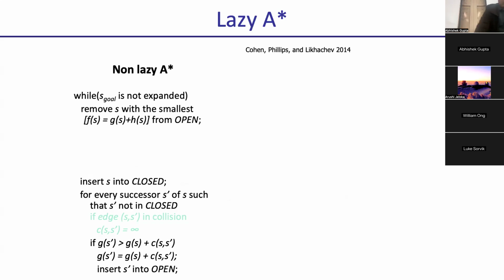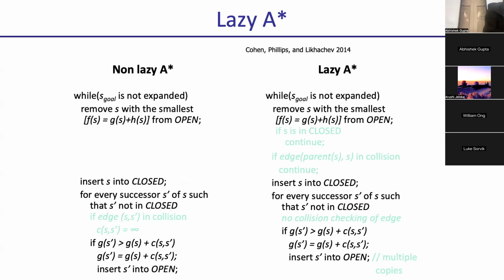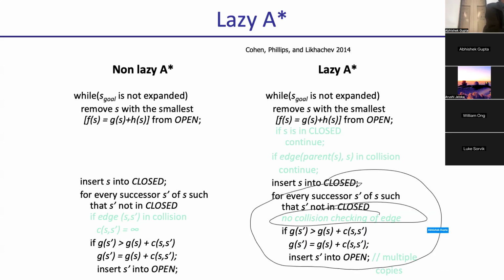What lazy A star is going to do is just shift things around. In this part of the code, it's not actually going to check if something's in collision. It's going to assume that it's not. But when you open something by popping it from F, then you check if it's in collision, right? And so you're not going to check the children.